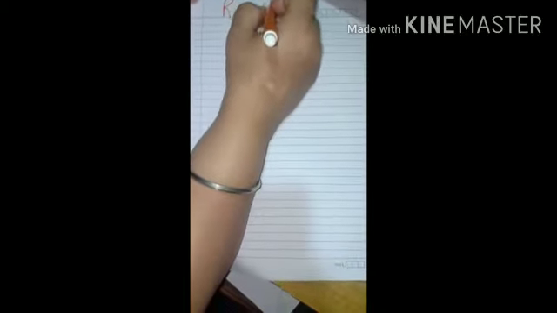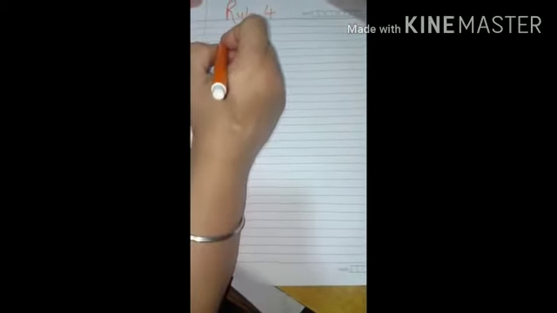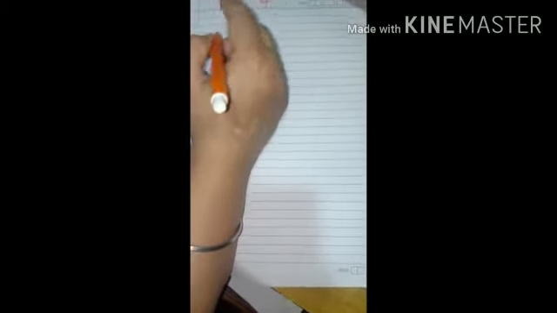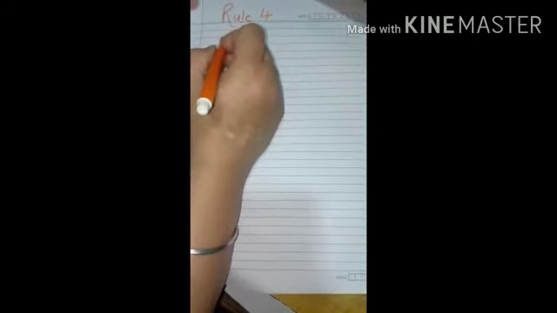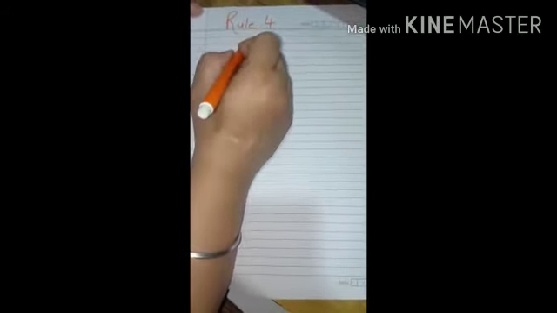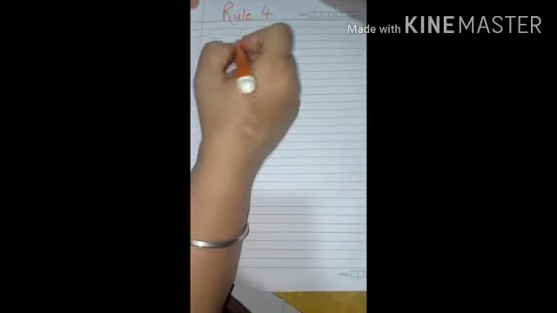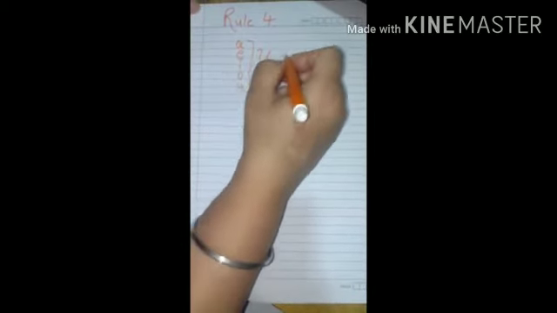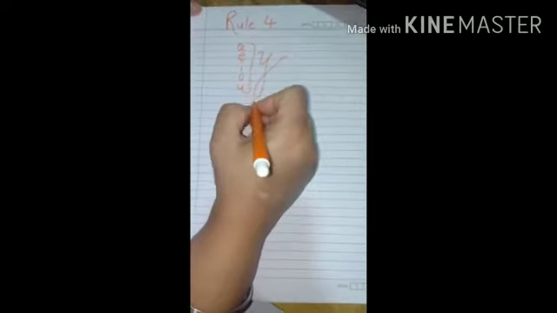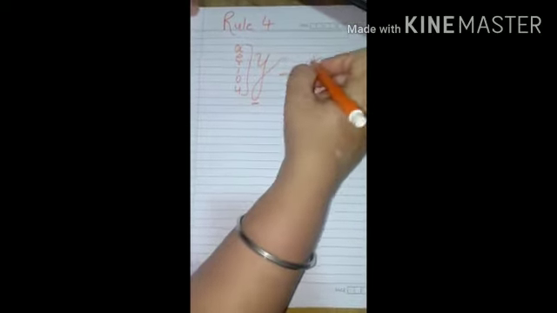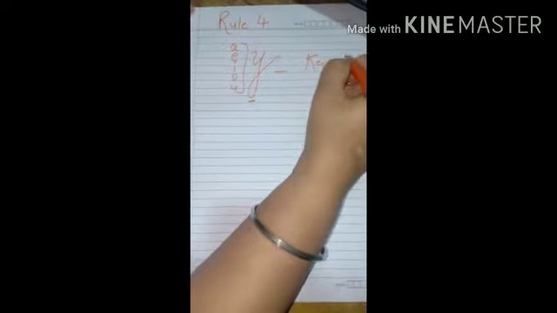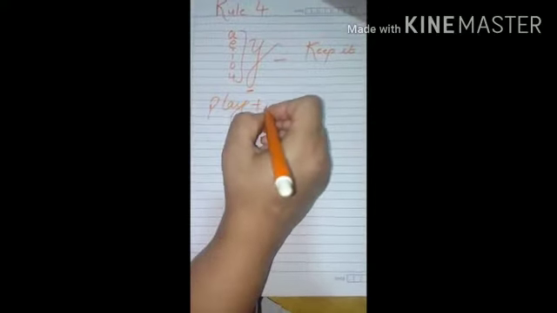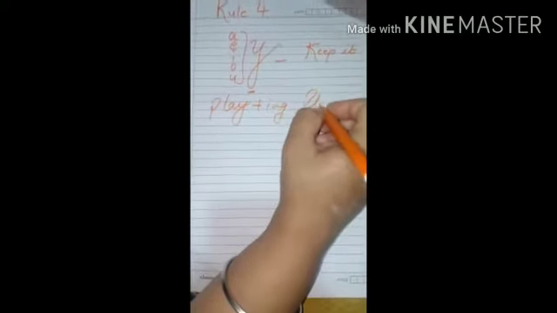Now let's move on to Rule 4. When a word ends with a vowel followed by Y, which means there is some vowel, let's say A, E, I, O, U, and there is a Y along with that at the end, we are going to keep this Y, like play, playing.